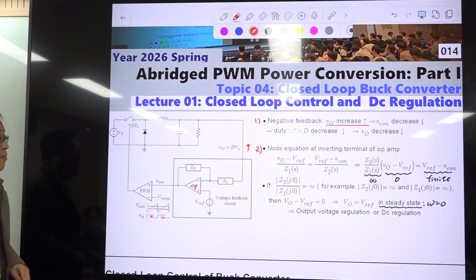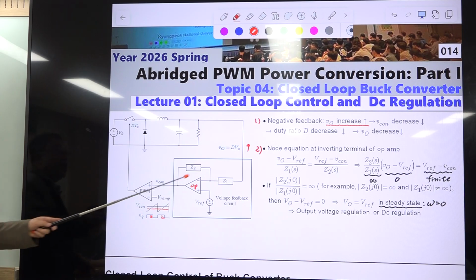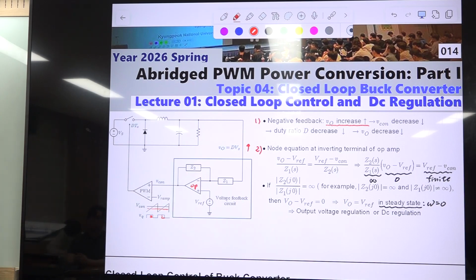So this is an op-amp. Then this control voltage is decreasing, it will be reduced. Then this voltage goes down like this, and the duty ratio will be decreased because this is reduced.